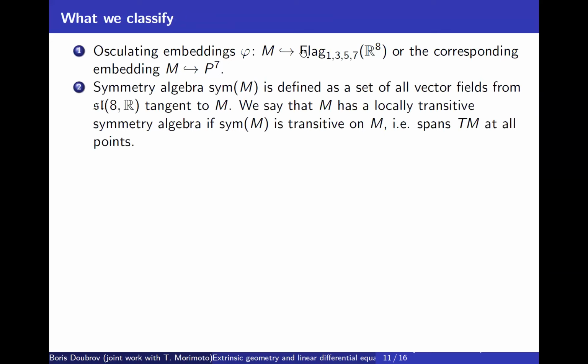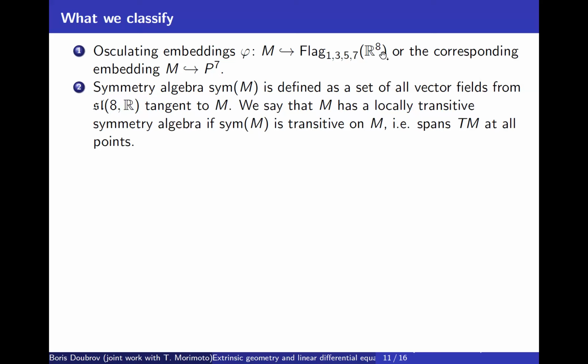Okay, so the objects we would like to classify are the following. We look for the embeddings of M into P7 with the prescribed dimensions or prescribed symbol, which include in particular prescribed dimensions of the Veronese-type flag.